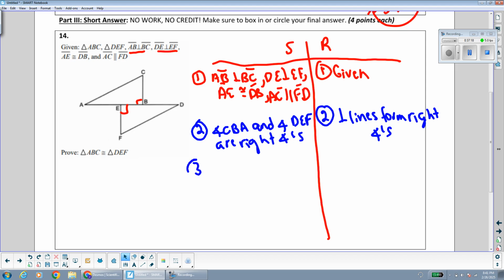And not only that, but I know that all right angles are congruent to each other.